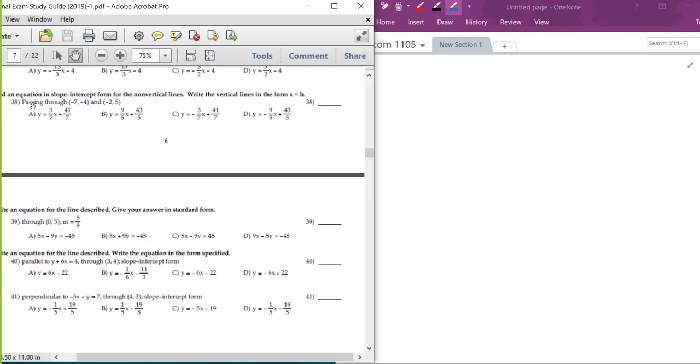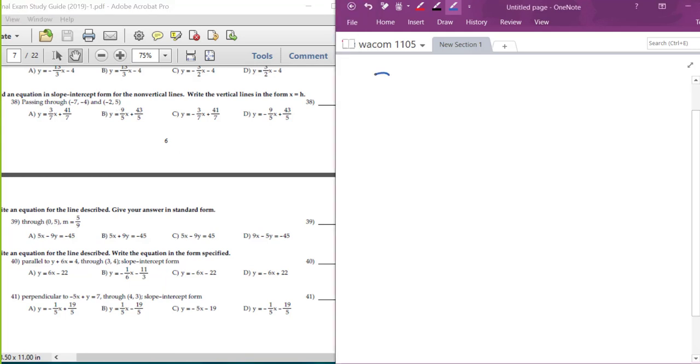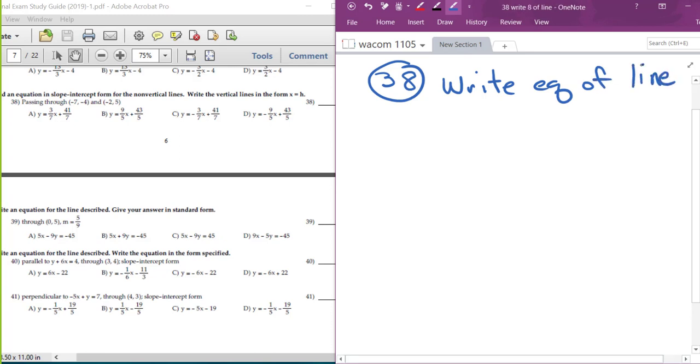So we're going to find an equation in slope-intercept form for the lines, and we're given 2 points. So we're going to write the equation of the line. And the information that's required is a slope and 1 point.